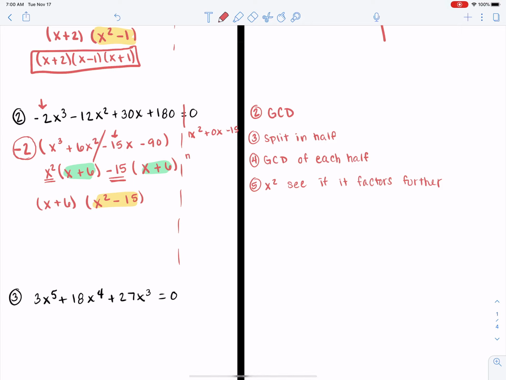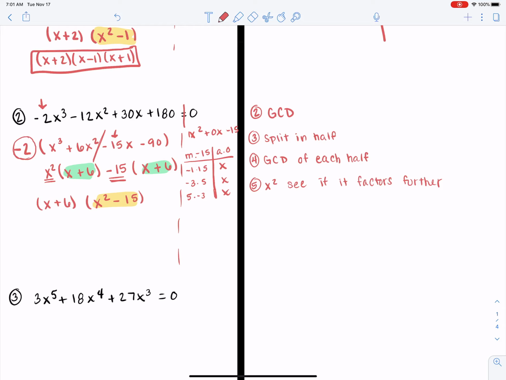If I can find two numbers that multiply to negative 15 and add to 0, then I know it could factor further. So negative 15, I know I could use negative 1 and positive 15. That doesn't add to 0. I could use negative 3 and 5. That doesn't add to 0. I could use 5 and negative 3. I could flip them. Still doesn't add to 0. There are no two numbers that will multiply to negative 15 and add to 0.